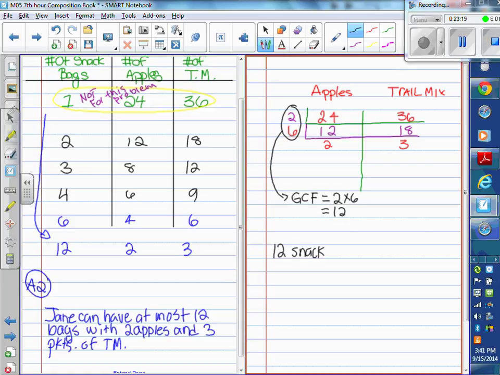But what's really nice about the ladder is the bottom of the ladder tells you how many apples. Look at the bottom of the ladder. 2 apples. And how many packages of trail mix. I'm abbreviating packets.